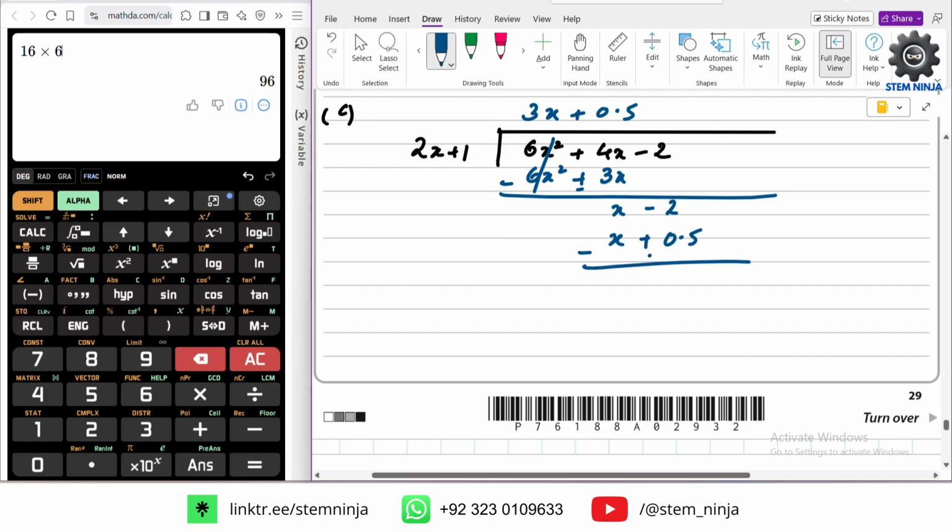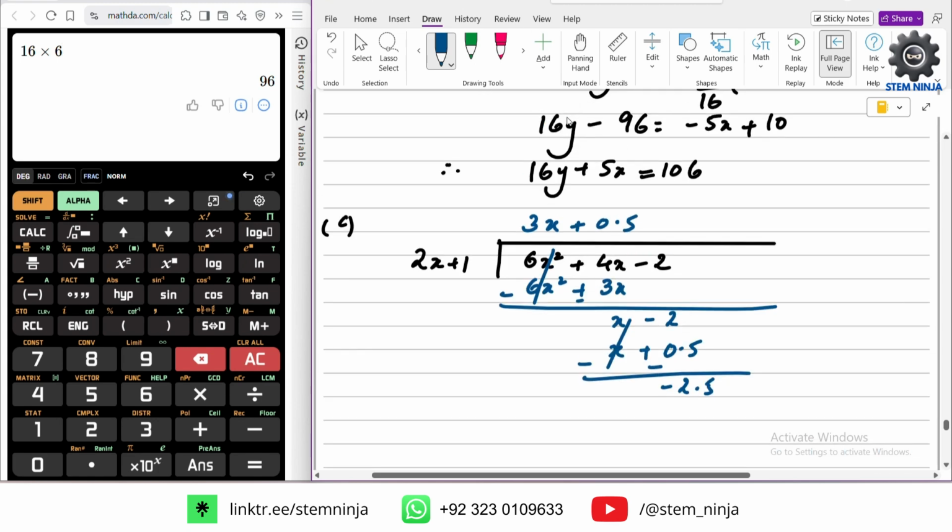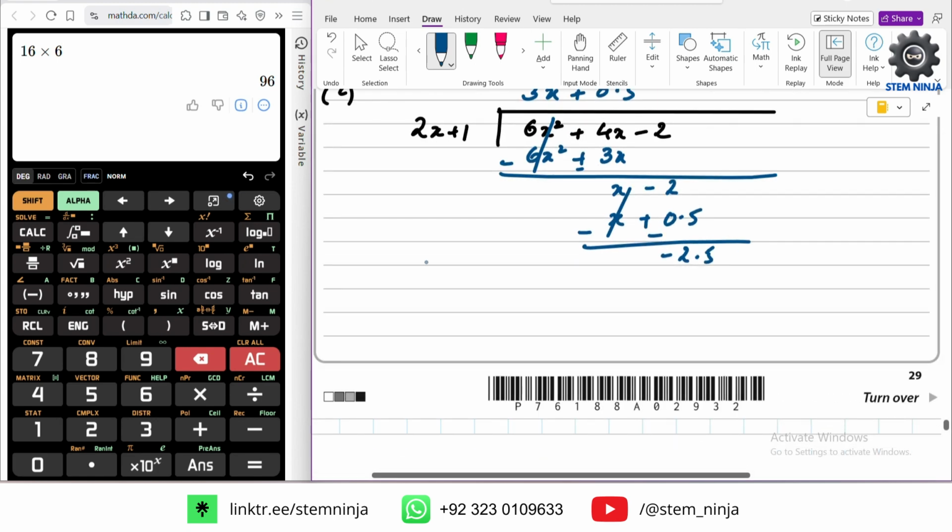So minus, this is minus 2.5. Right. So this is our final form. So this is your 3x plus half minus, let's say 5 over 2, over 2x plus 1. Right, okay.